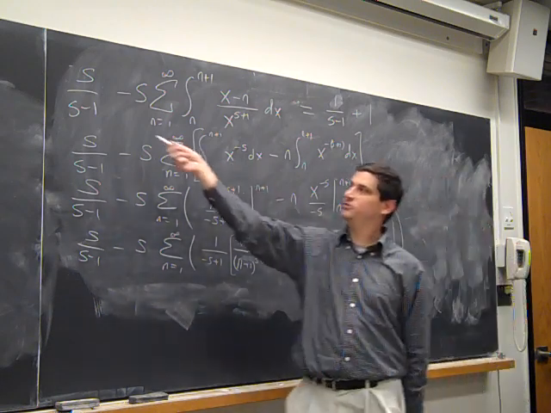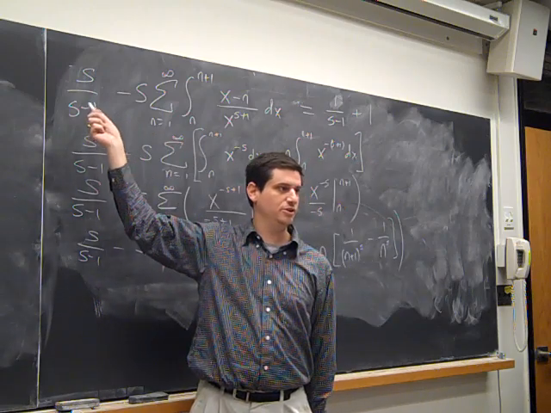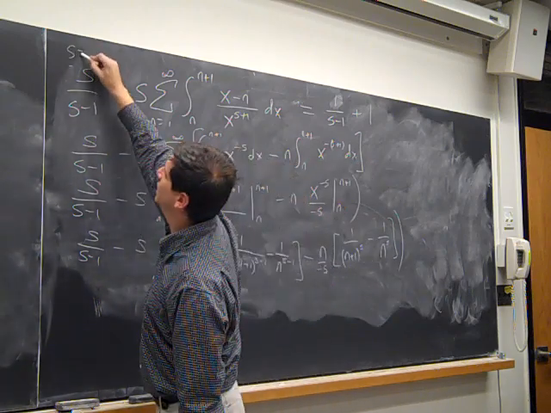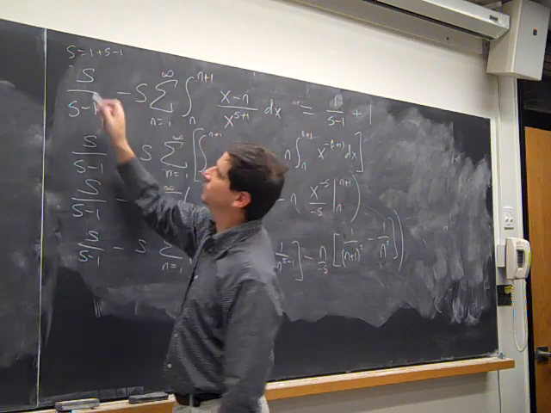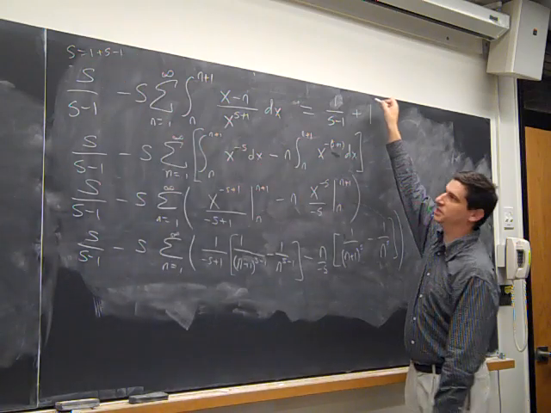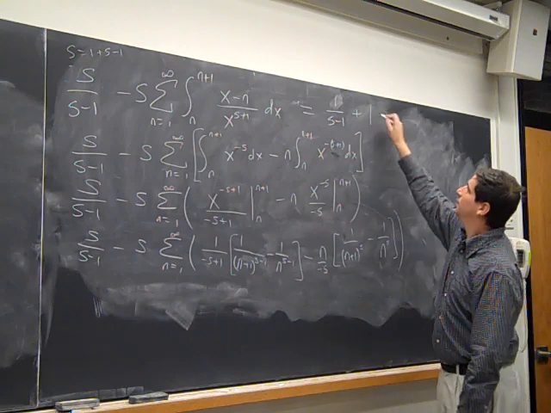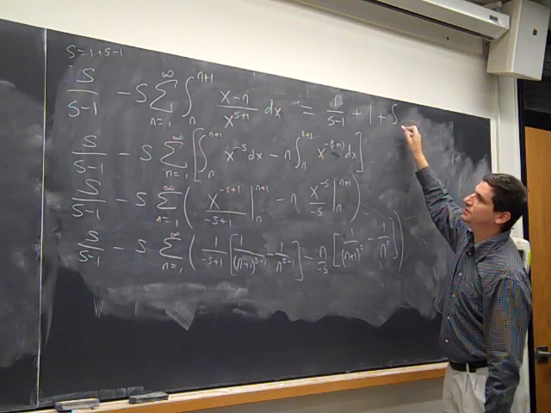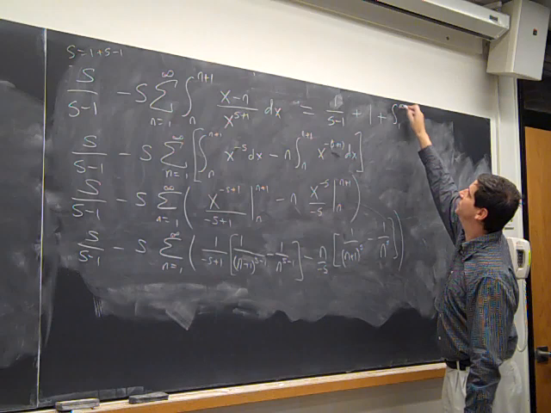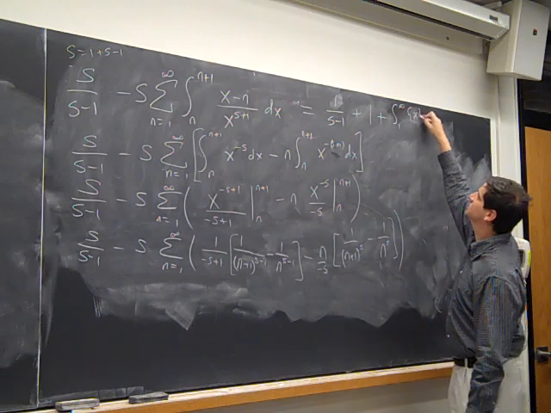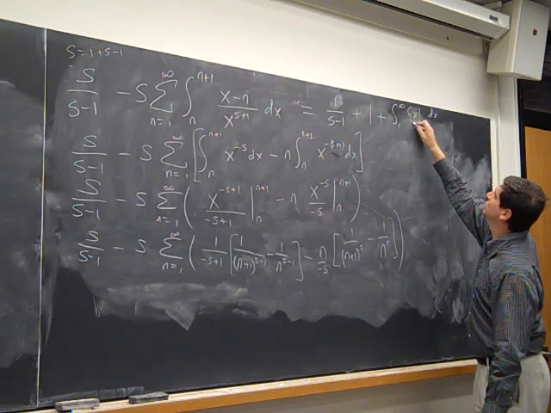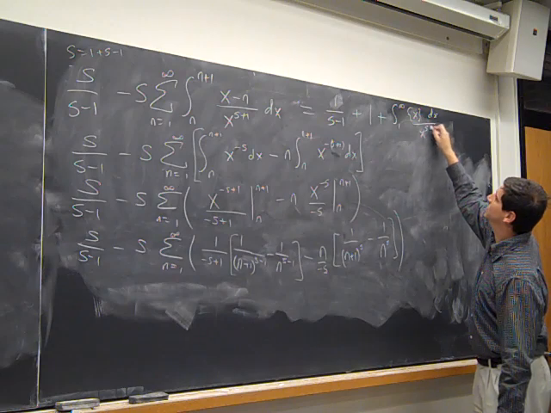The reason is that's going to cancel with the s minus 1 over here. 1 over s minus 1 plus s minus 1 over s minus 1 is 1. Plus the integral, oh, there's the one, from 1 to infinity of the fractional part of x dx over x to the s plus 1.